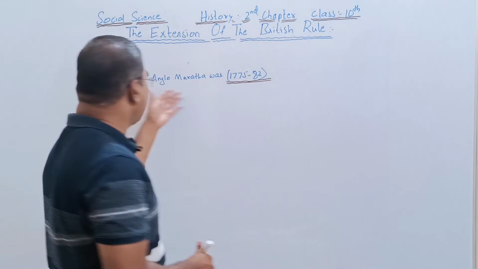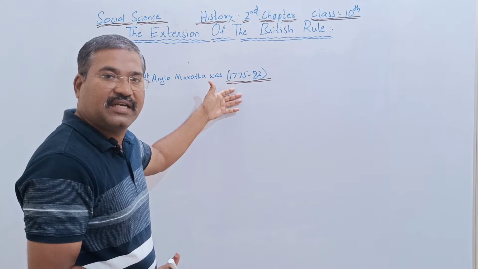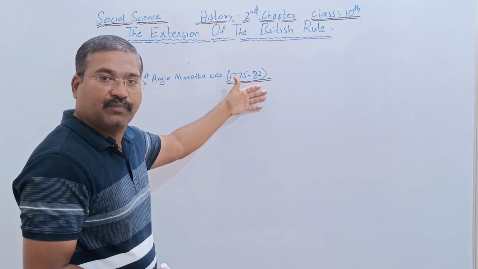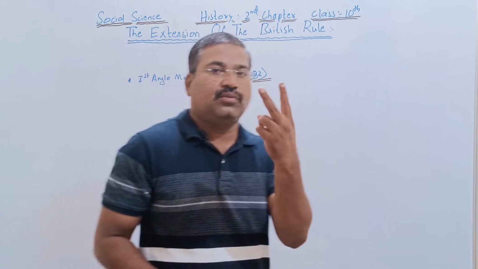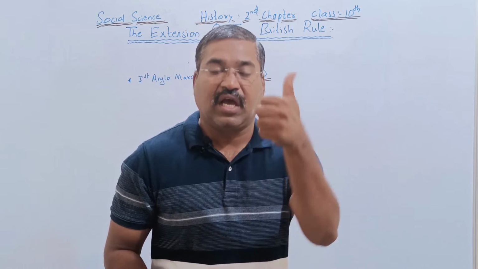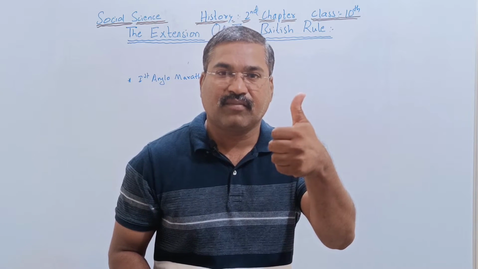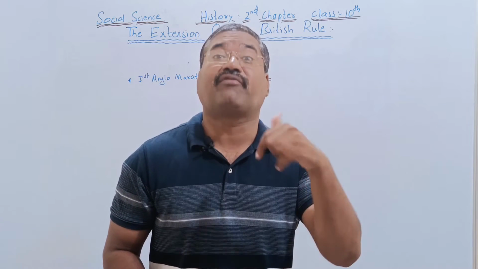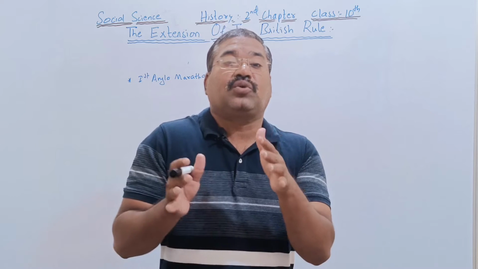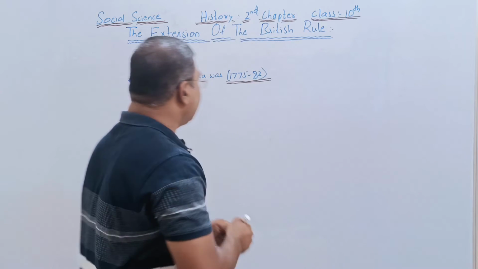The first Anglo-Maratha War was fought in 1775 to 82. Here, two questions arise: how the war happened and what was the result after the war. Okay, so here the clash is between whom?